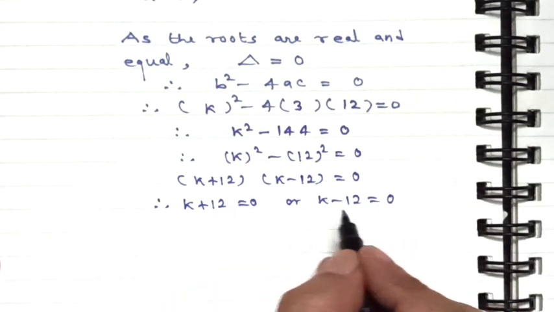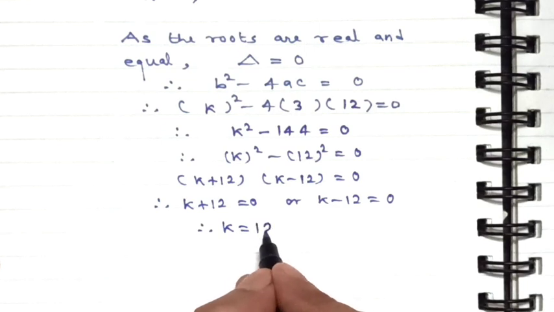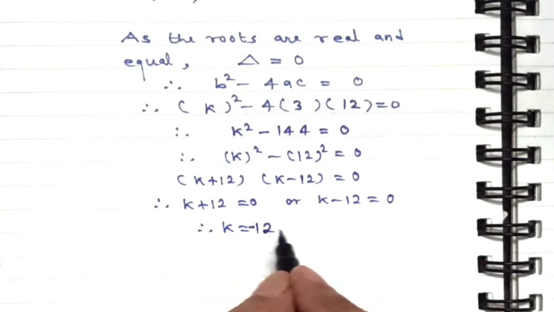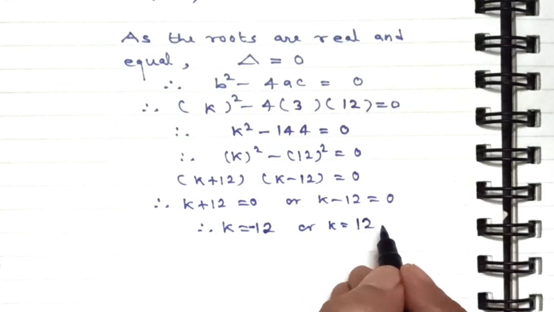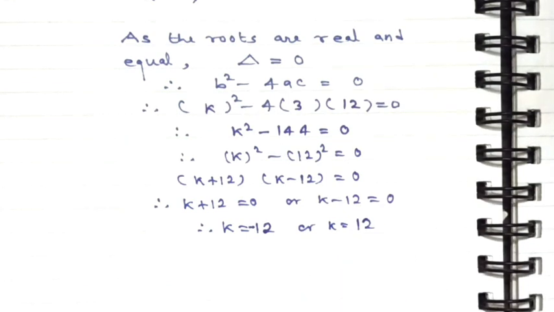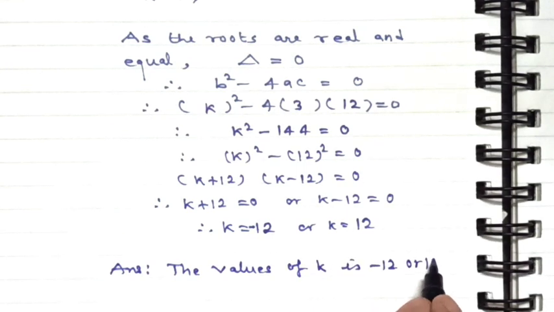Therefore, k is equal to minus 12 or k is equal to 12. Now write the answer. The values of k is minus 12 or 12.